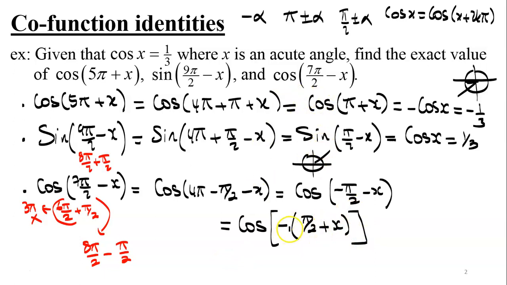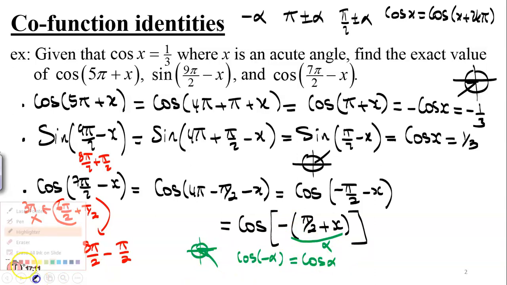Now you'd notice here that this became in the form cosine of negative alpha. So if I were to call this alpha, we'd know that cosine of negative alpha, according to the associated arcs, is in fact cosine alpha, because negative alpha is in quadrant 4, and in quadrant 4 cosine is positive. So that is a cosine alpha.